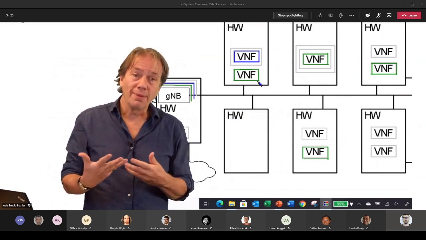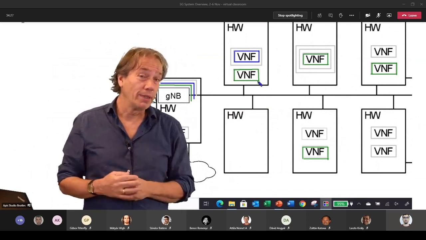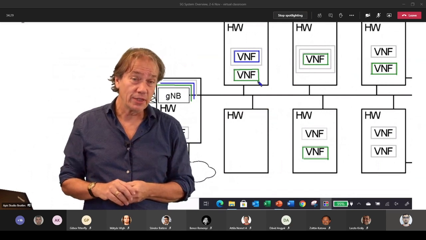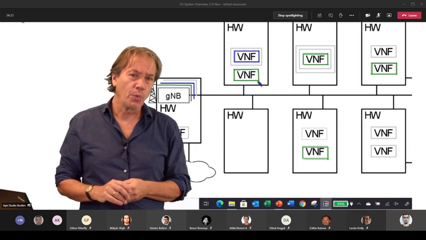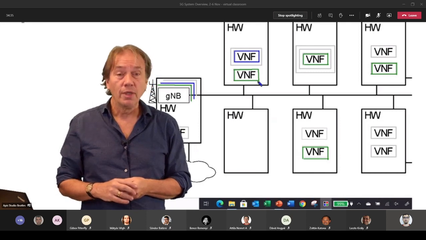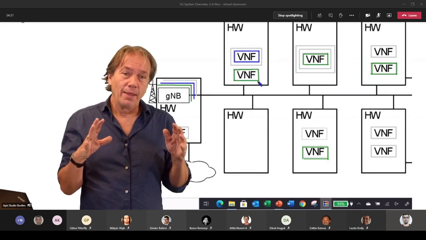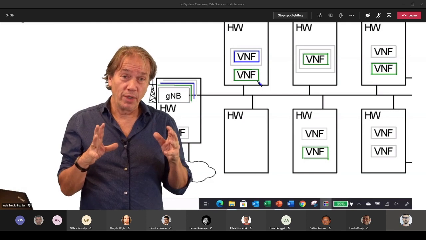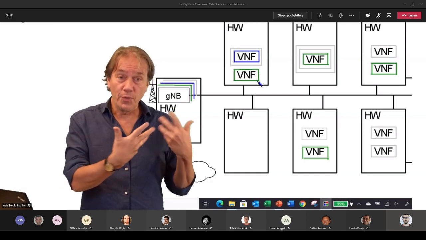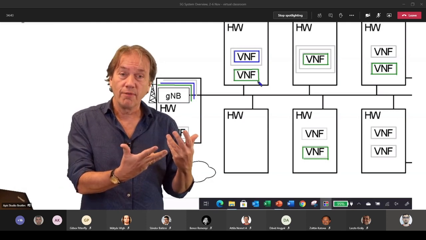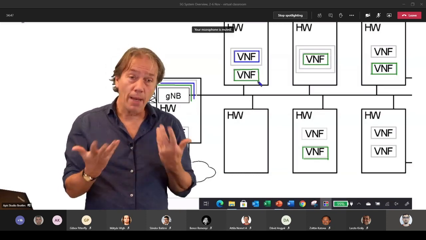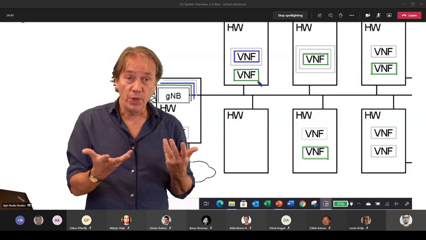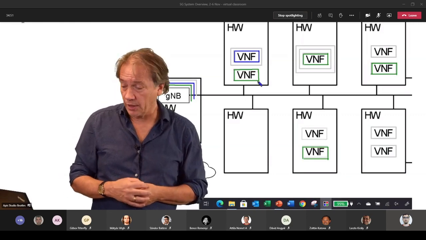I think some VNFs will more or less by definition belong to different slices, like this NRF, if you remember, the network repository function, which is a network function where other network functions will register, and it can be used as a kind of lookup function. Same thing with the UDM, maybe there's a common UDM for all the network slices.